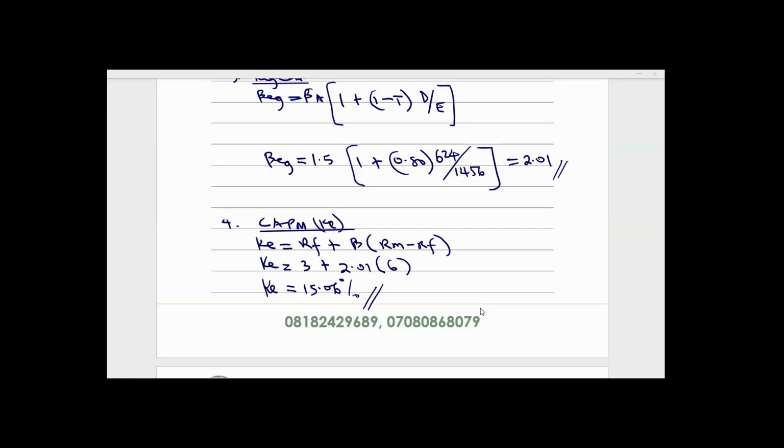If the examiner wants you to use another technique, you will be told directly, for example, calculate using payback period, IRR, accounting rate of return, whatever the technique. But where the examiner is silent, you are expected to calculate net present value, because NPV is a technique that is consistent with the shareholders' wealth maximization objective.